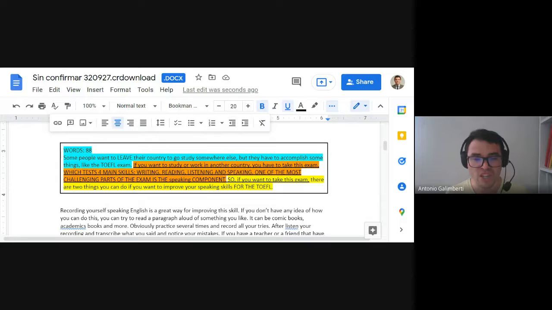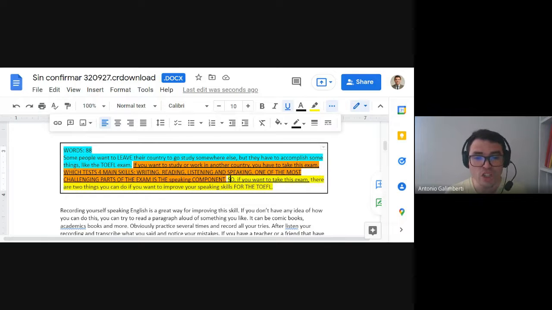So what do we have here? Here, we have a very nice hook, a sentence that is getting the student's attention. Then we have background information, which gives you a general idea of the topic, right? And then you have the thesis statement that tells you what you will be writing about.